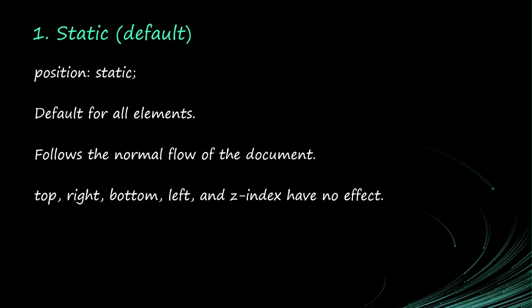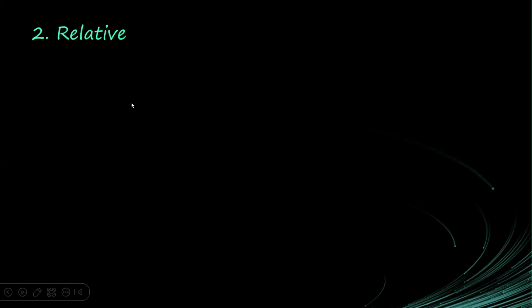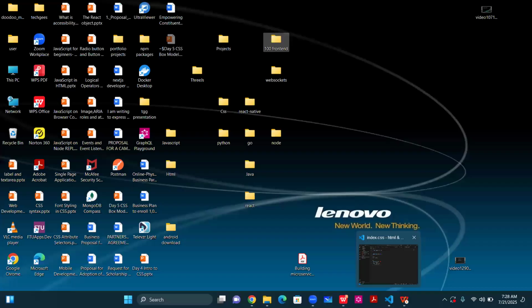If you try to use the offsets, the top, right, bottom, left, and z-index, they have no effect on static. So this is the default. If you're not going to change the position to something other than static, there's no need to even use it because it's the default. Okay, so now let me go back to my HTML page.